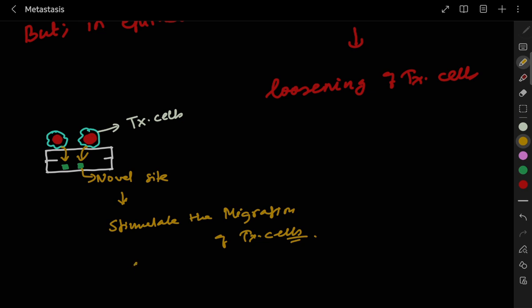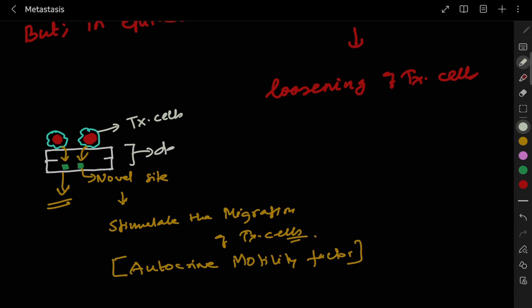This is due to the release of autocrine motility factor, and hence this migration of the tumor cell happens through the degraded extracellular matrix.